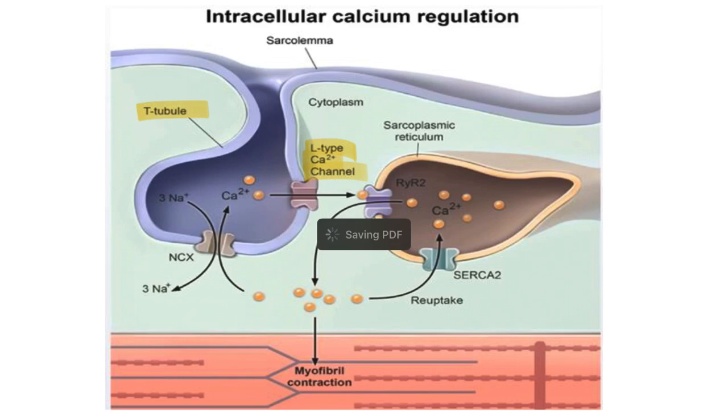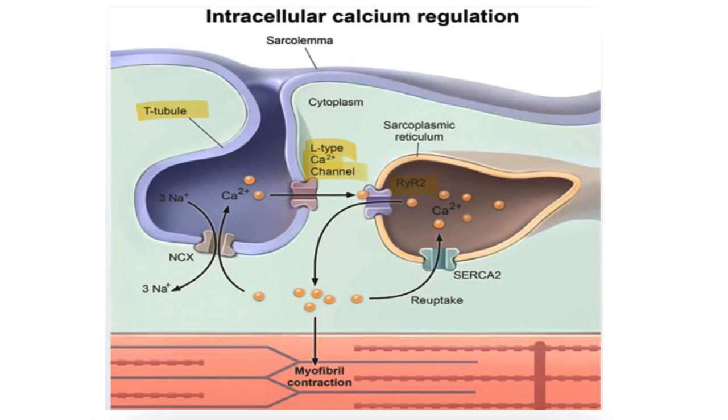It is also called dihydropyridine receptors or DHPRs, located on the T tubule membrane. Then this activates the ryanodine receptors on the sarcoplasmic reticulum.